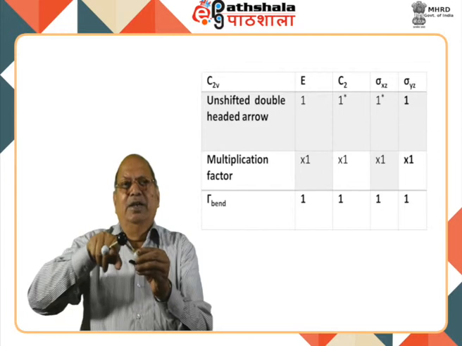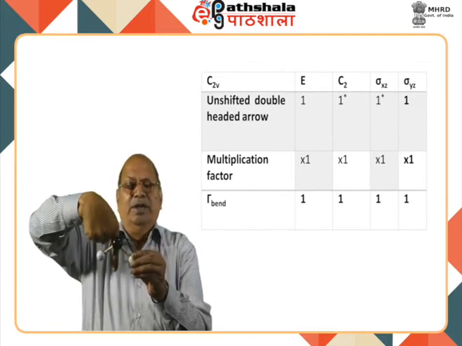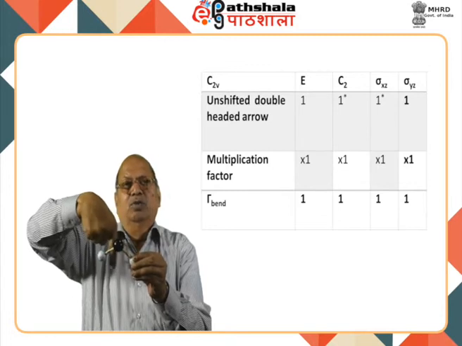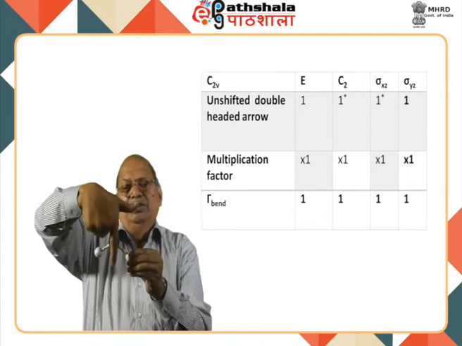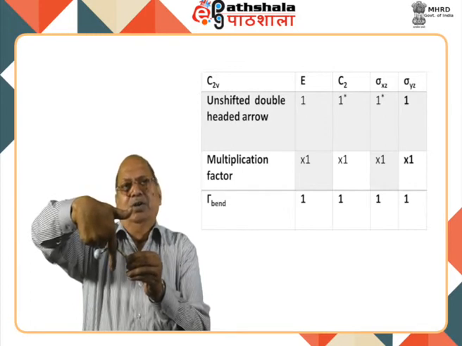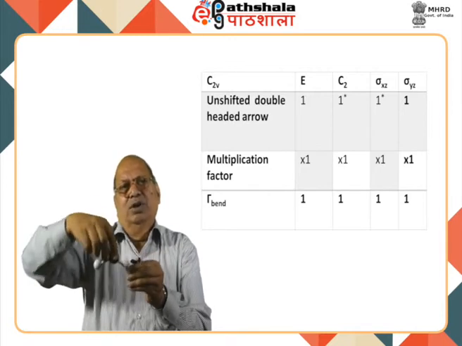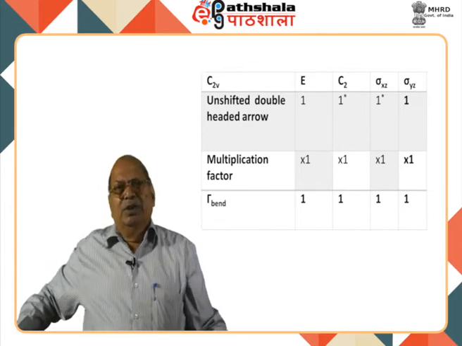The double-headed arrow is not completely shifted, only one half of the bond angle is shifted into the other half. The C2 axis divides this bond angle in two, so it is not completely shifted. So, it is a plus 1 effect.